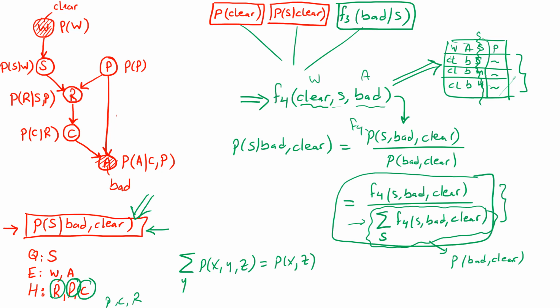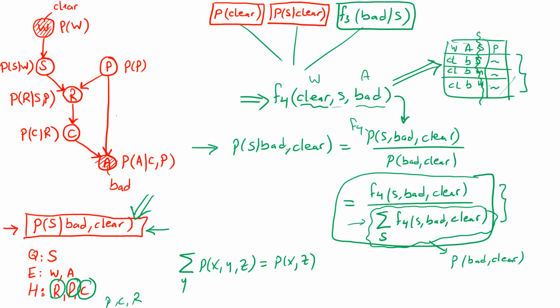So when doing it by the table, we do it by normalization, but this is how the normalization actually works, or why it works. We divide by the sum, which is the probability of bad and clear. Why are we dividing by the probability of bad and clear? Because of the conditional probability.